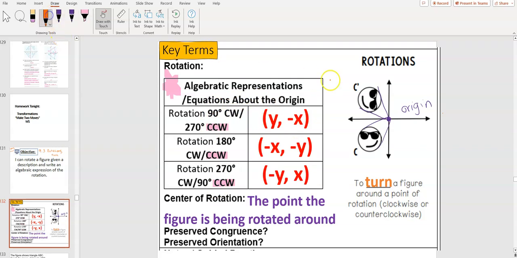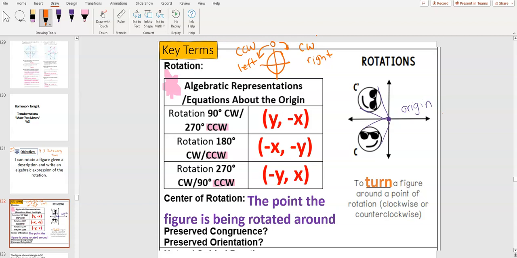So we probably need to know what is clockwise and counterclockwise. So if I have a circle here, okay, and the top is 0 degrees, that's where I'm starting. Clockwise would be to the right. So this is clockwise to the right. Counterclockwise will be to the left.